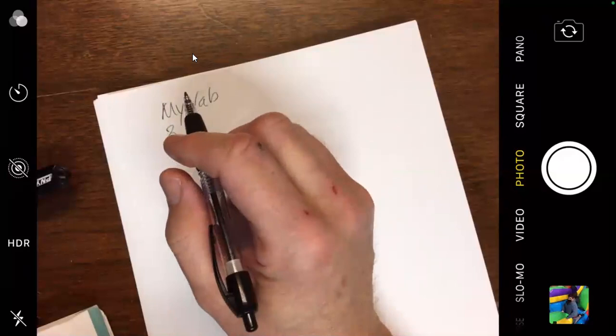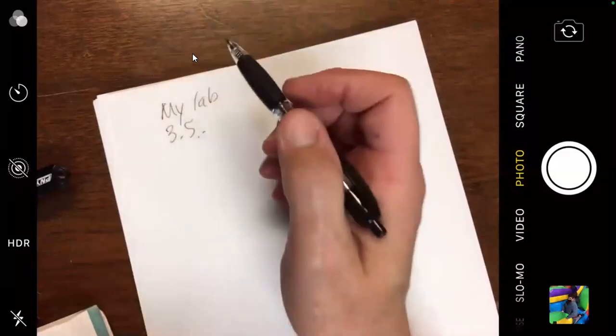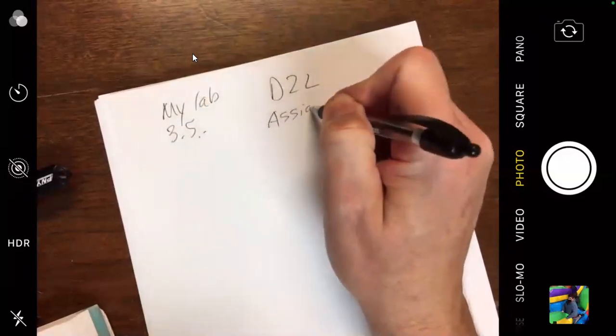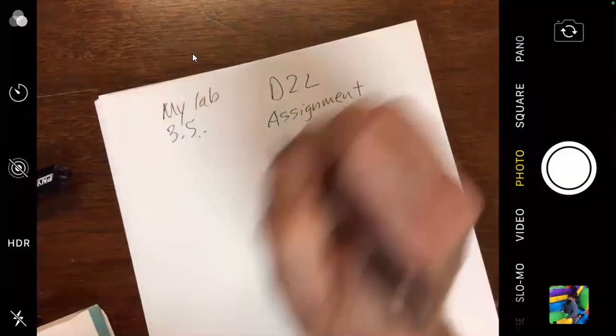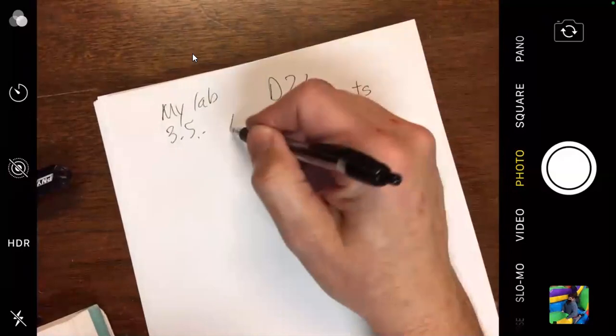I'll get on D2L. In fact, if you get on D2L, it'd probably be quicker than me if you don't want to wait for me. Look in the left column under assignments, and you should be able to find the various problems. You'll see all the assignments are listed in order for the entire semester.